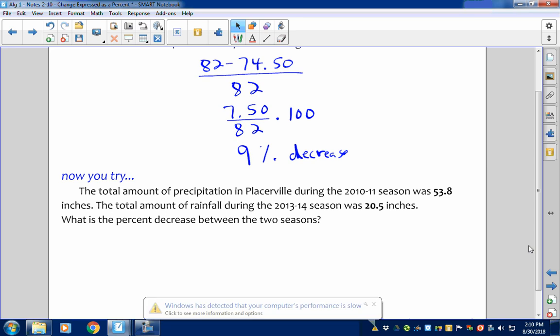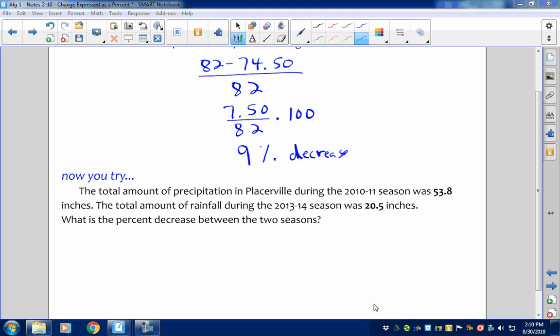So we're going to go ahead and find the difference first of all. We started with the 53.8, right? So we take 53.8 minus 20.5. That's going to go over, what was the original?